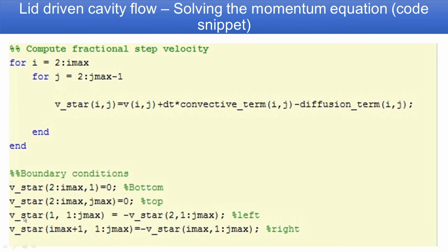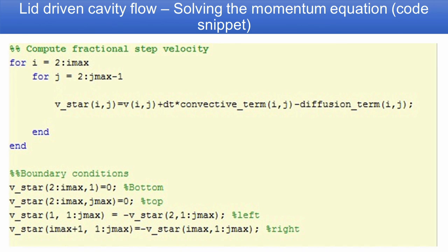Now, for the left wall, V star 1 for i and 1 to j max for j equals minus V star 2 comma 1 to j max. This is on the left side. Again we should recall what we did for the u velocity on the bottom wall.